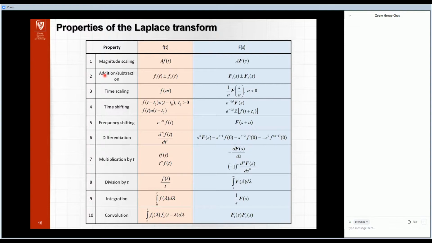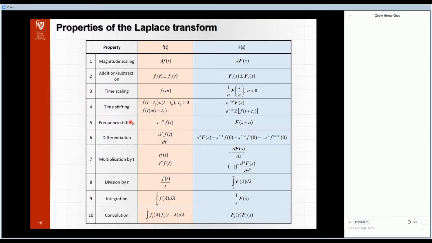The second property, additions, subtractions. When we want to add two functions in the time domain, it is the same for the s domain. And time scaling. So when I change the scale in the time domain, it means that we must change the scale in the s domain.